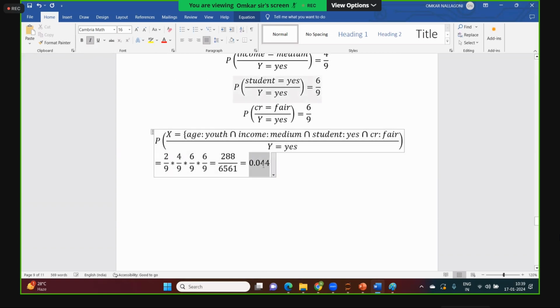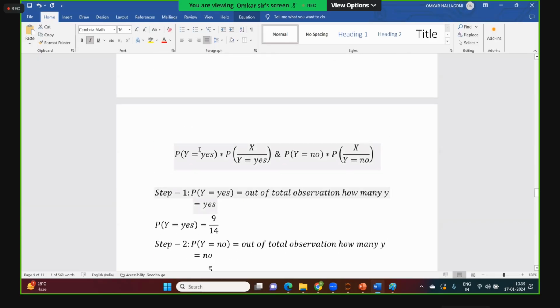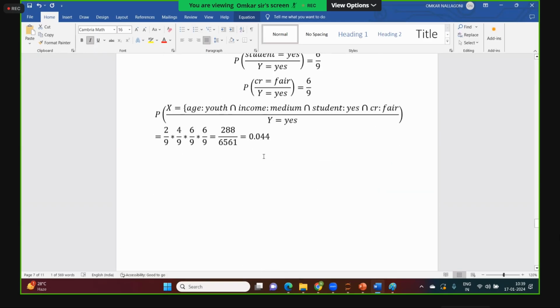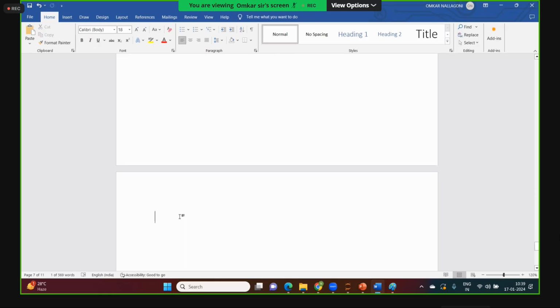What is that? You are comparing these two, right? This answer, now multiply with P of S into P of X by S. Now step 5.